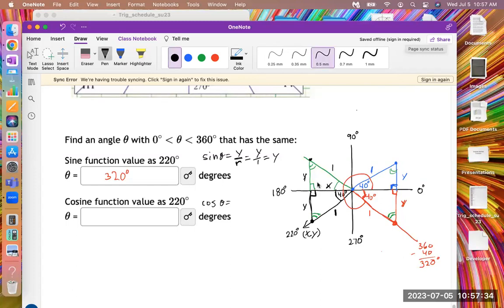Okay, so cosine is equal to x over r. If r is 1, if we're in a unit circle, which we can easily just assume, then the cosine is the x coordinate. So really, they're looking for another angle. Or if you want to focus on it this way, find the triangle that would have the same x coordinate as a 220 triangle would have.